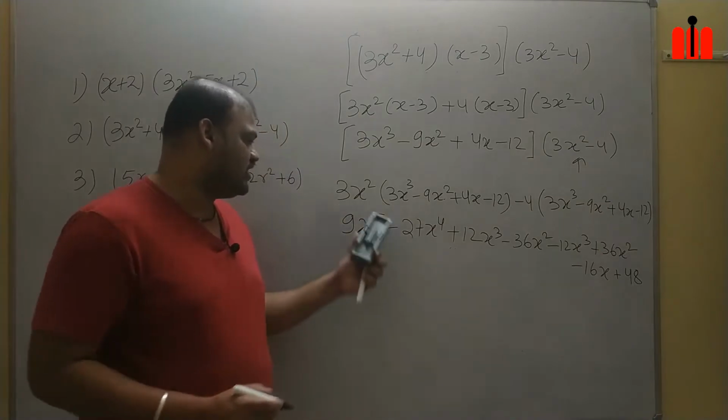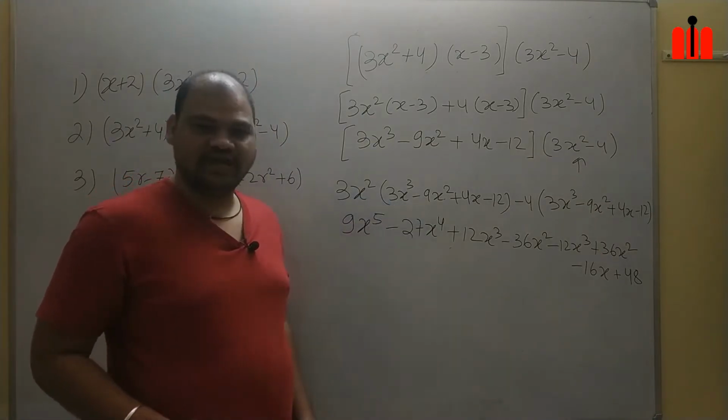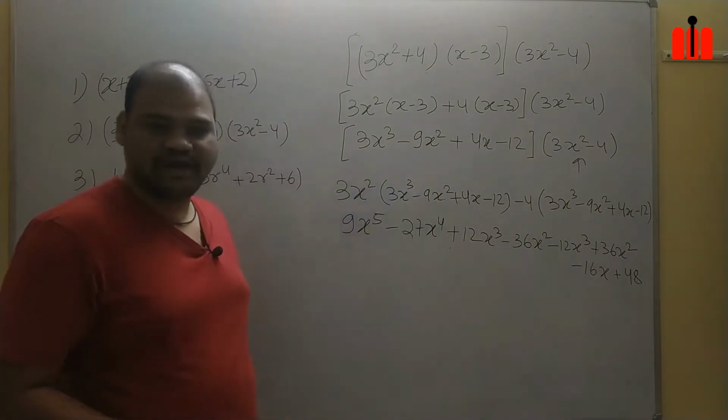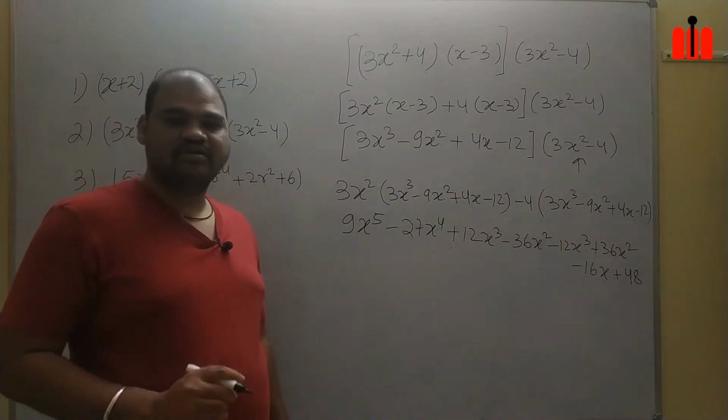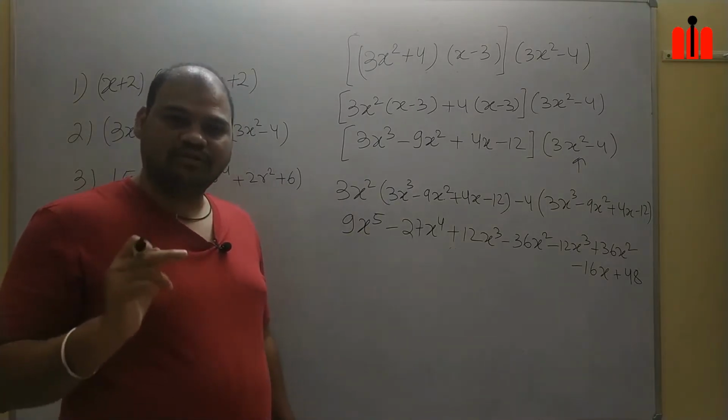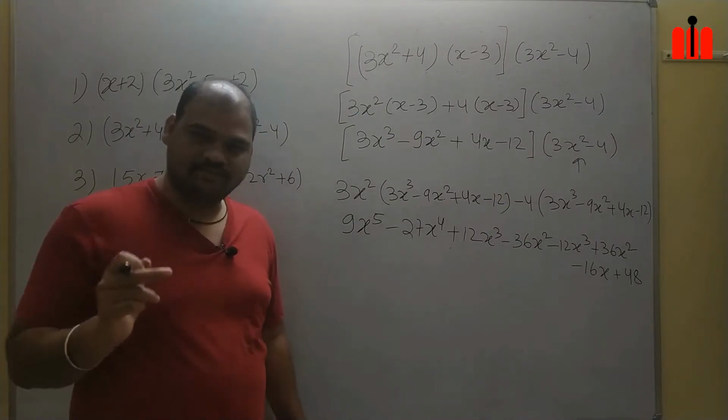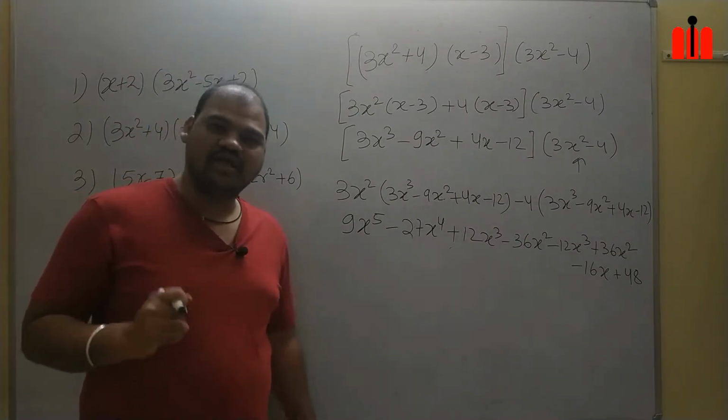Okay, so what we have done here, 3x² into 3x³: 3 times 3 is 9, x² into x³, x⁵. a^m into a^n equals a^(m+n). We had already discussed this in helping class 1.